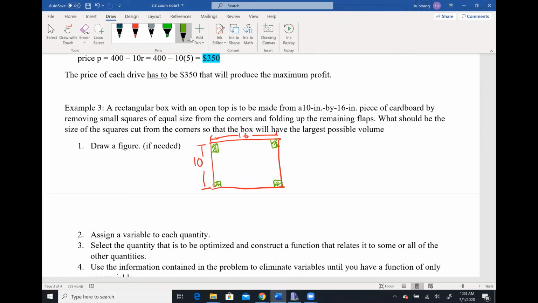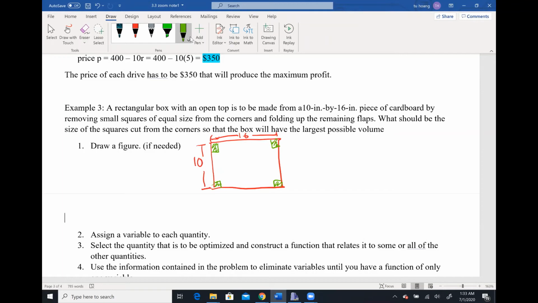I think that is a thing we need to draw. And now I'm going to assign a variable to each quantity.